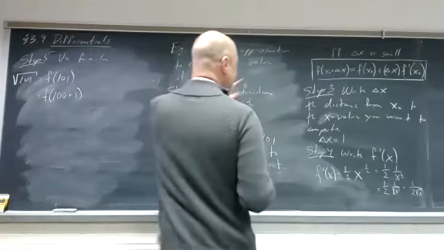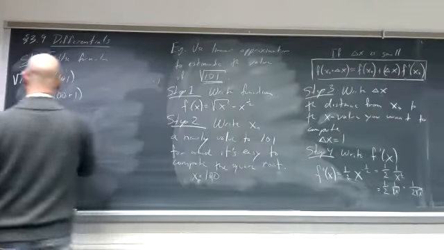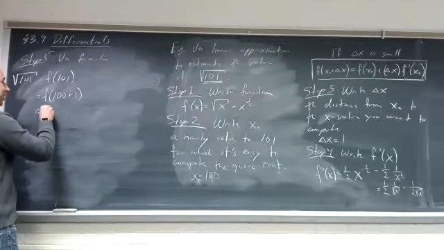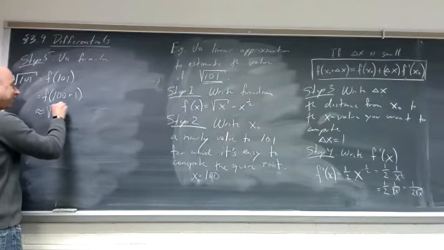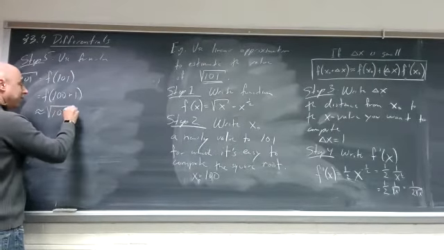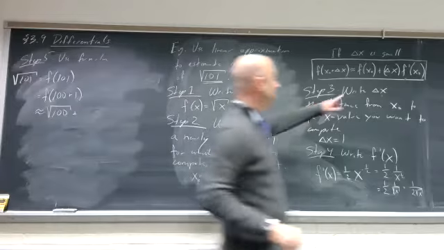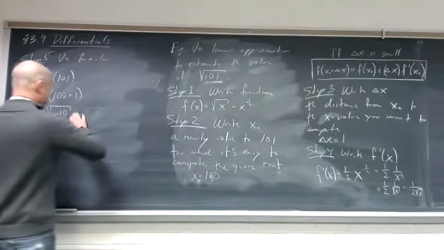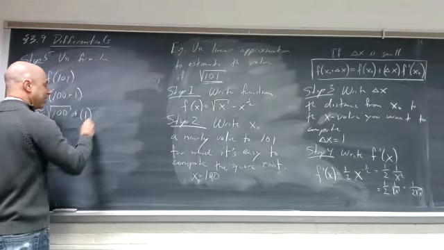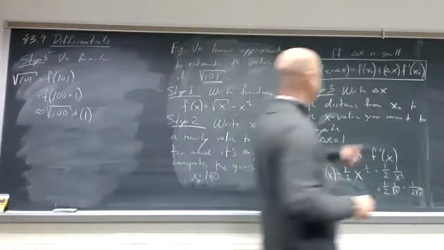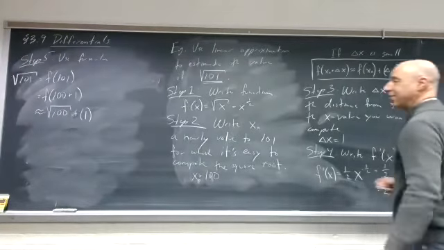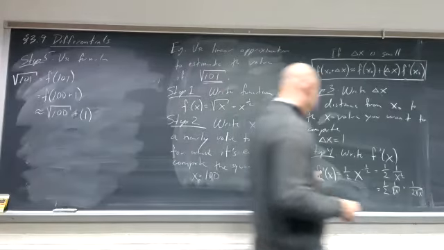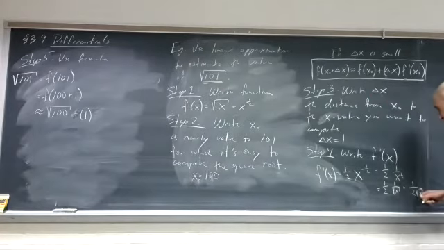So according to the formula, that's approximately equal to f of 100, in other words, the square root of 100, plus delta x, which is 1, times f prime of 100. So f prime of x is 1 over 2 root x.